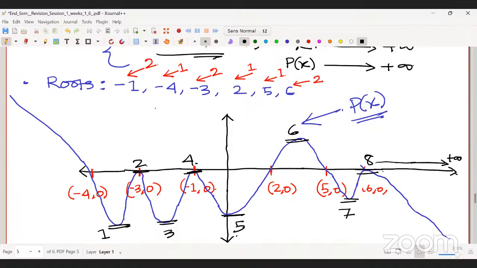As you can see, the graph will be something like this. Let's say this point is your 5, 0. So your graph will be something like this. It's not turning, so at that point you don't have this situation, right?